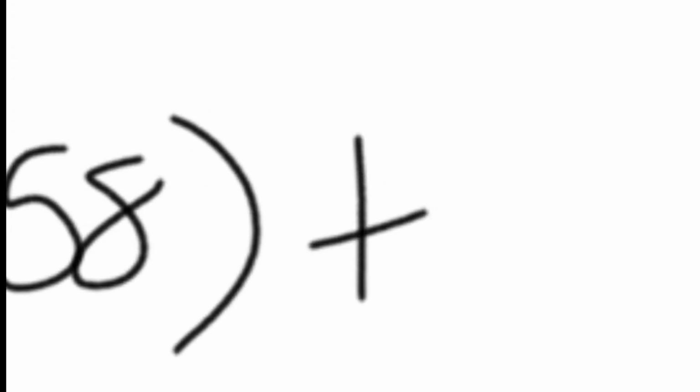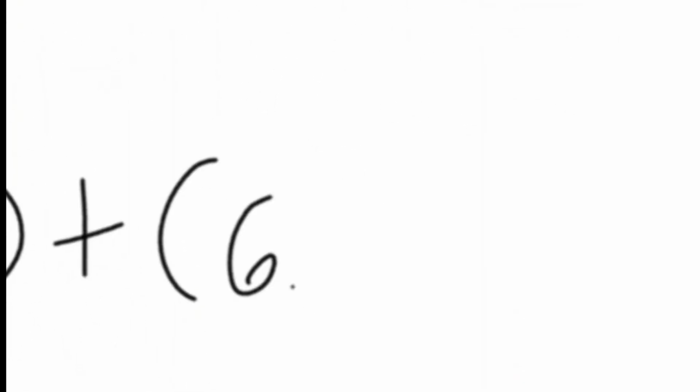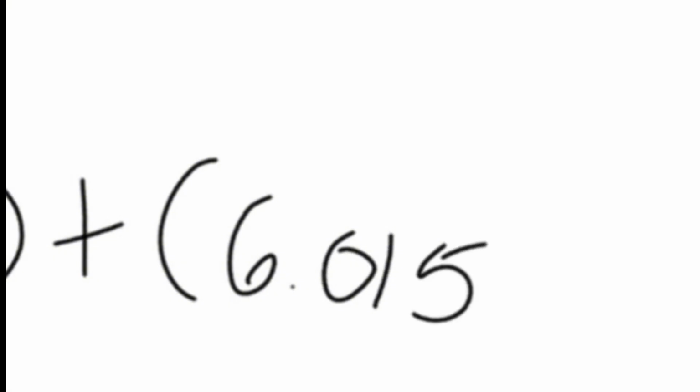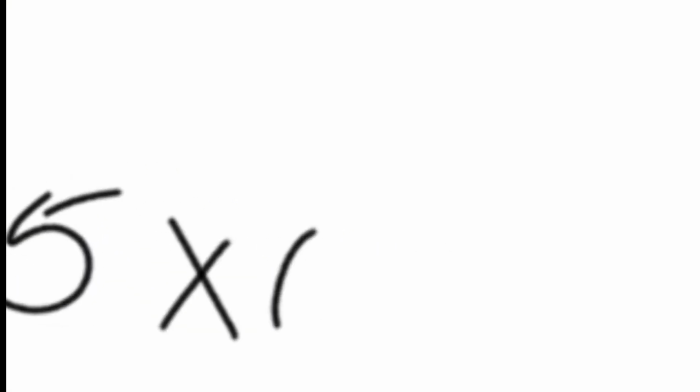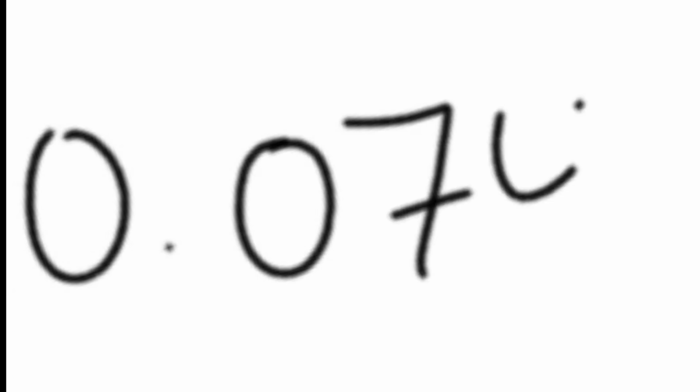And then you add it. Lithium-6 has an atomic mass of 6.015, and we multiply that by the decimal form, which is 0.0742.